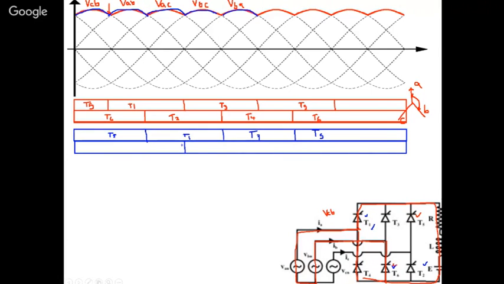So here T1, after 60 degrees this will be your T2, and after T3, here it will be your T4. So 120 degrees apart here, this will be my T6, and this will be my T4. It starts with T4, then T6, then T2. So this is when alpha is equal to 60 degrees.